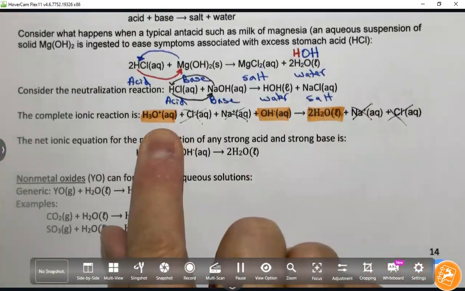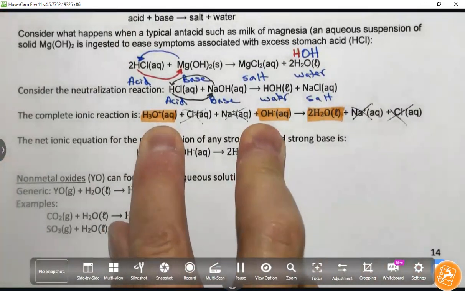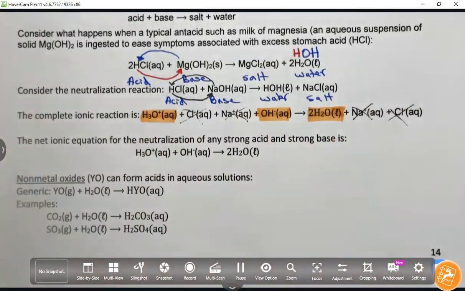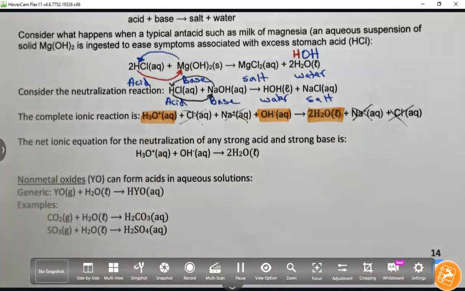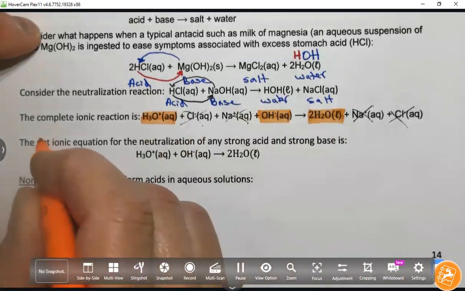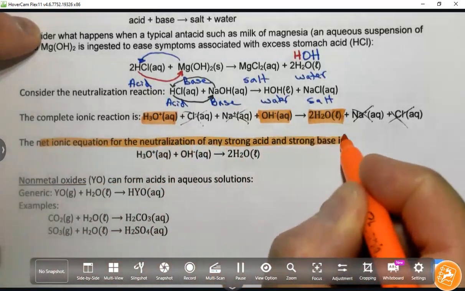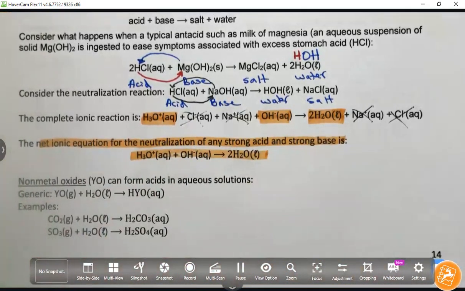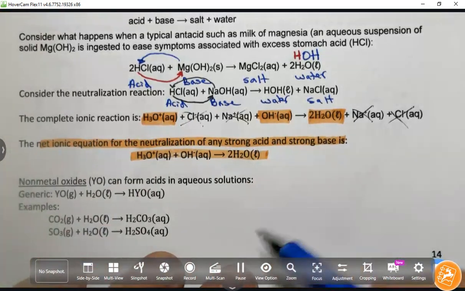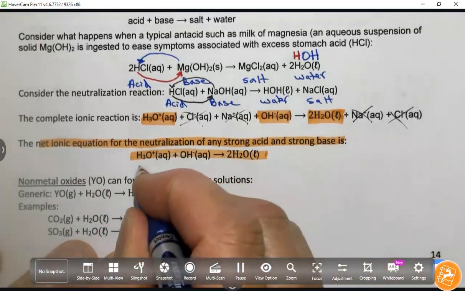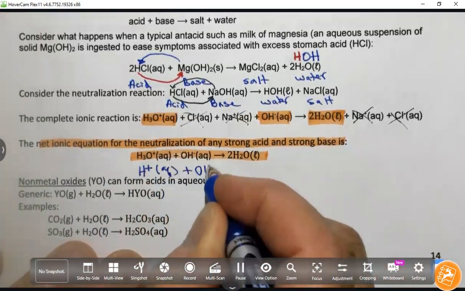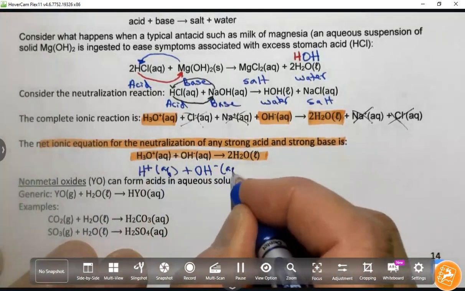The H3O plus from the acid and the OH minus from the base just simply makes water. So this is the net ionic equation for any strong acid plus a strong base. You're just making water. Another way you might see this is H plus and OH minus.